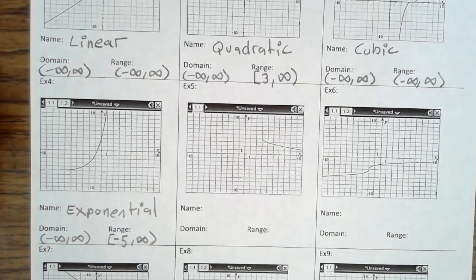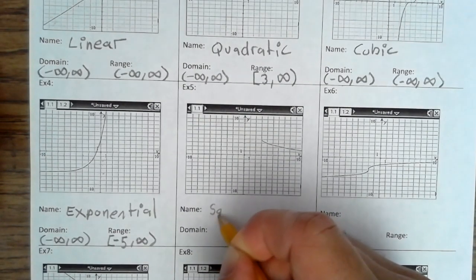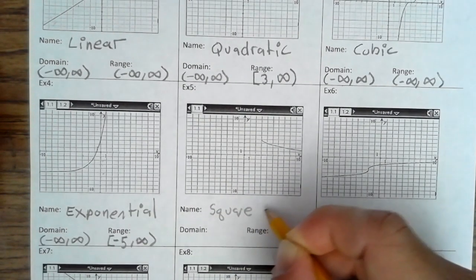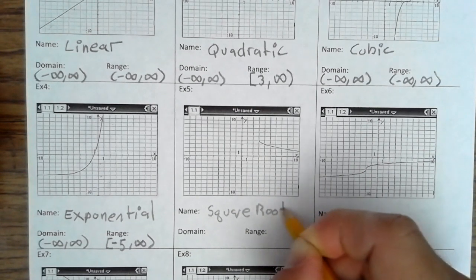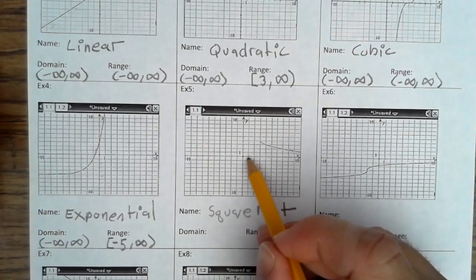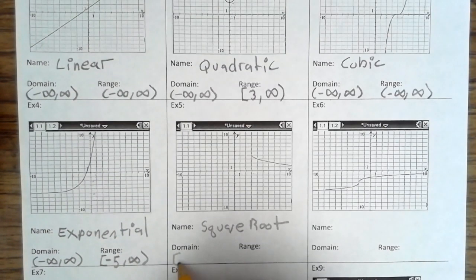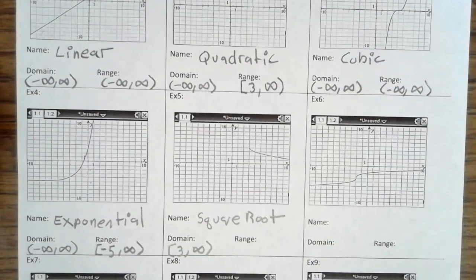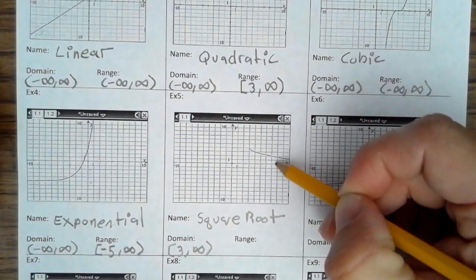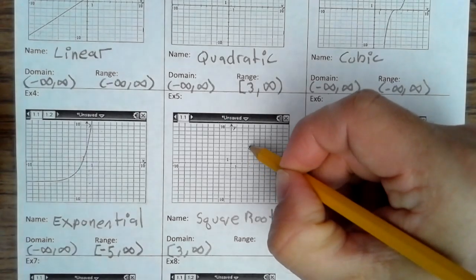All right, now the next one is square root. Now, it looks like for the domain, it went to the left 1, 2, 3. So the domain starting point is bracket 3 to infinity. And then for the range, it reflected, but also went up 1, 2, 3, 4.